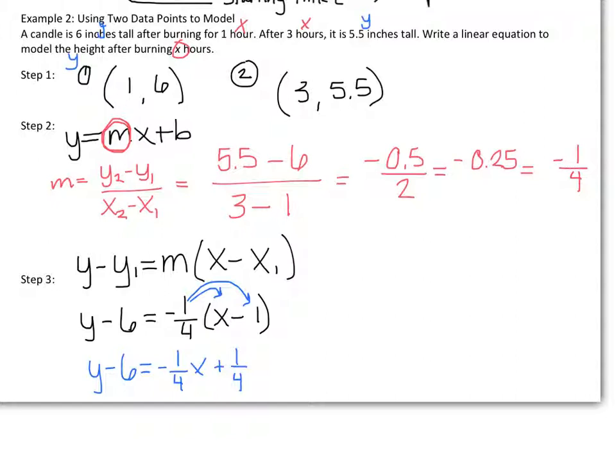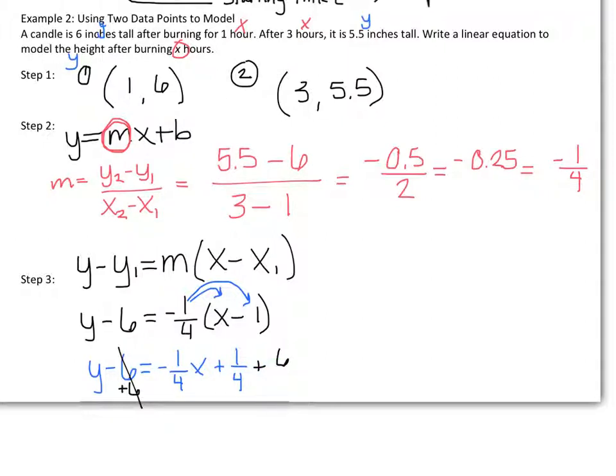Okay, so Kobe, trying to get the y by itself, what should we do with that 6? Add it. Good job. So if I add 6 over here, it cancels that one out. But 1/4 and 6 are like terms, so we can combine them. Let's make a common denominator.